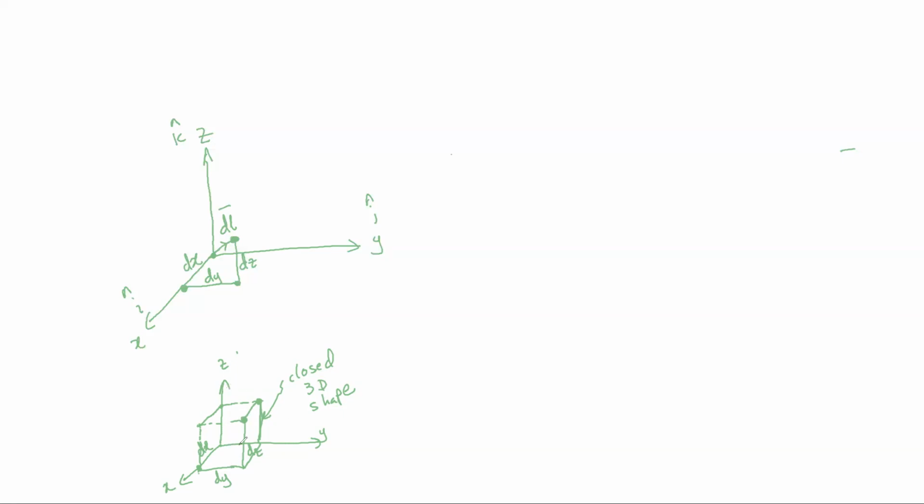So in this case, surface element can be taken as dx dy, or there are three surface elements, dx dy or dy dz or dx dz. So there are three surface elements that we can define for a Cartesian coordinate system.